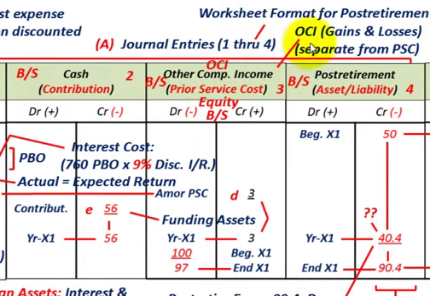But if we're dealing with any gains or losses on our post-retirement account, we'd be using another account called Other Comprehensive Income, and it would be separated out for gains and losses. It would be separate from our prior service cost, just to make that point.